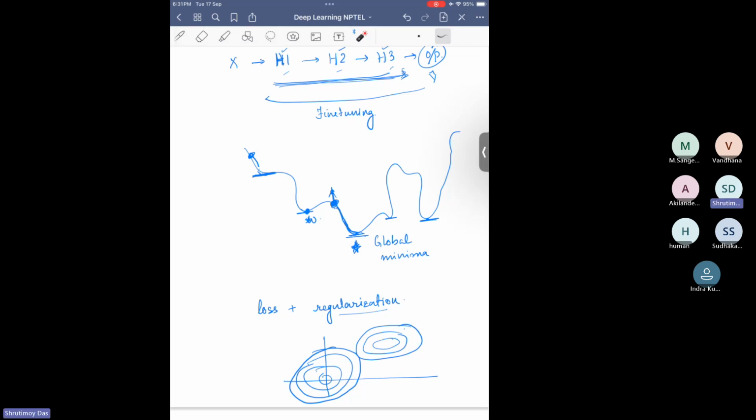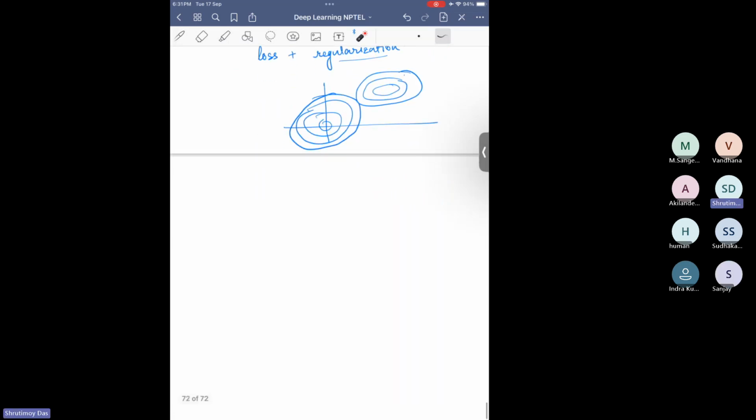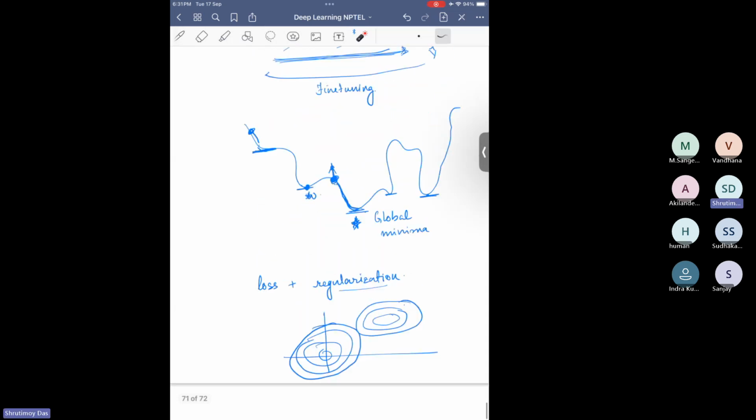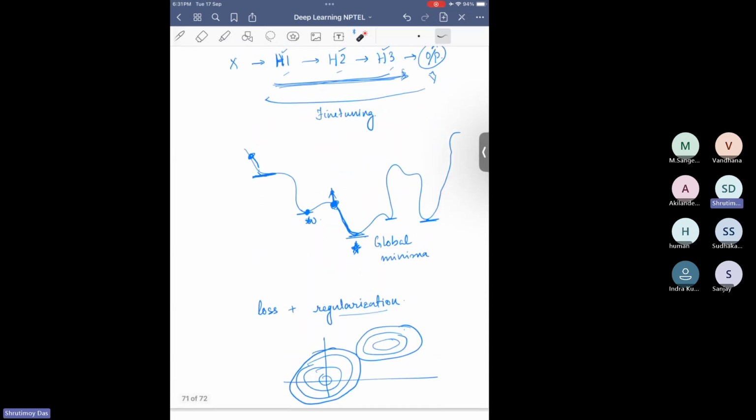So this was the first lecture. The next topic that was covered was better activation functions. So yeah, any doubts on the discussion that we had?